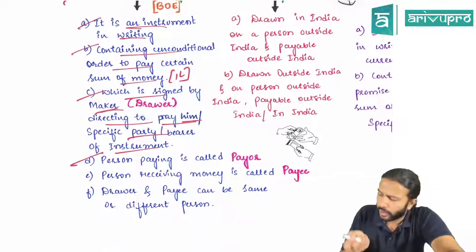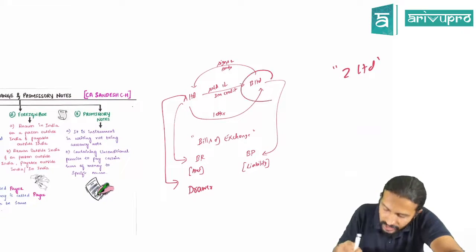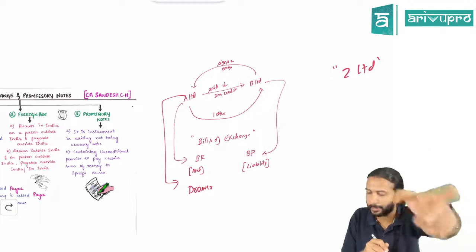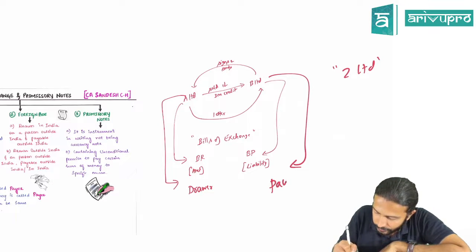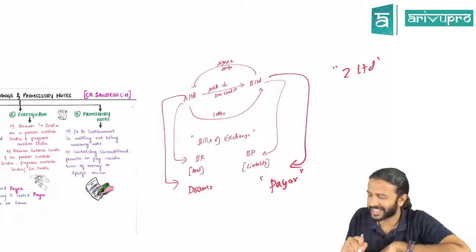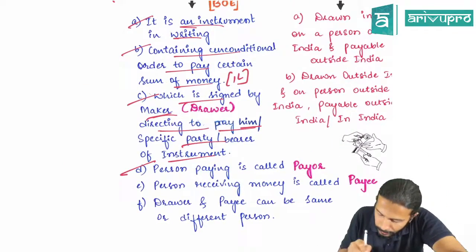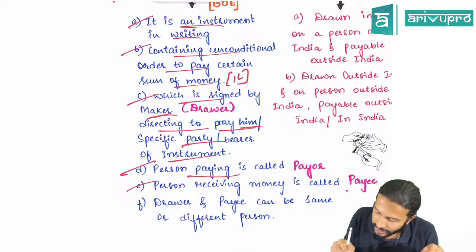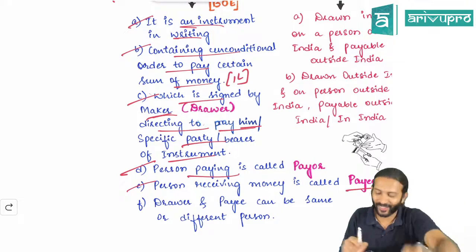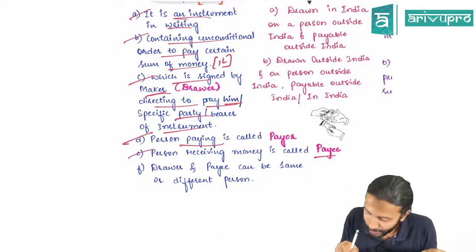In my example, who has to pay the money, sir? B Limited. Yes. That B Limited, we call it the payer. The person paying is called a payer. The person who is receiving the money, we call it the payee. Not Tamil payee, this is English payee.